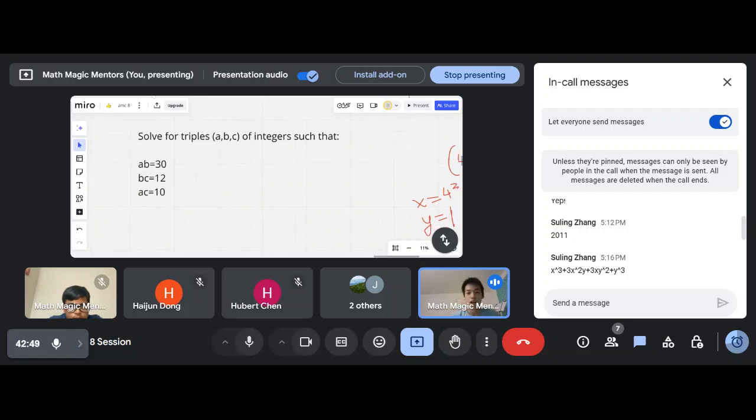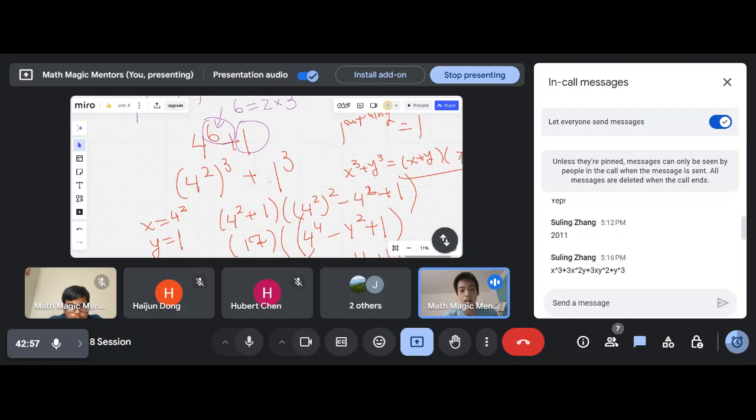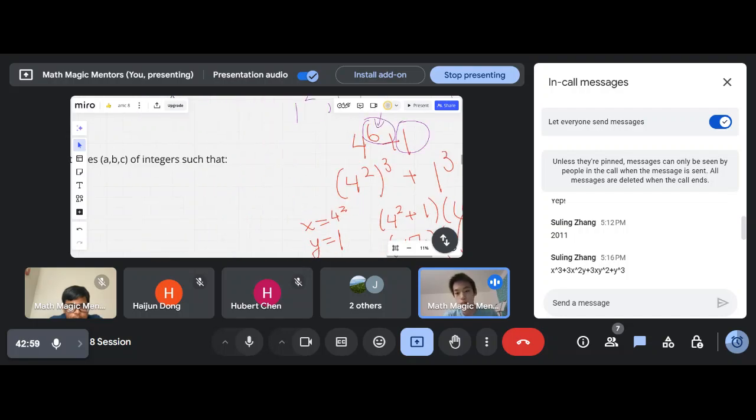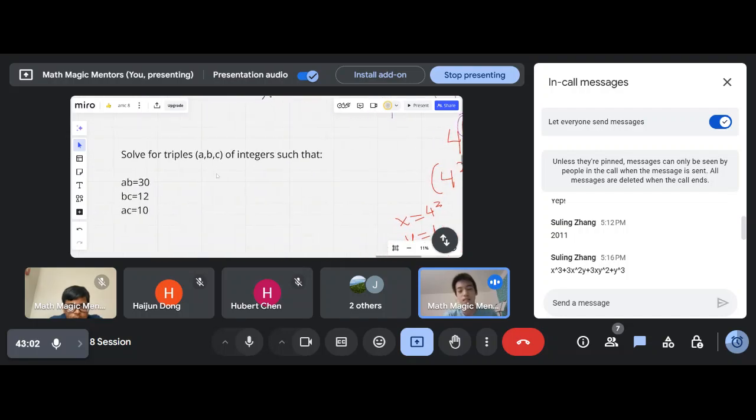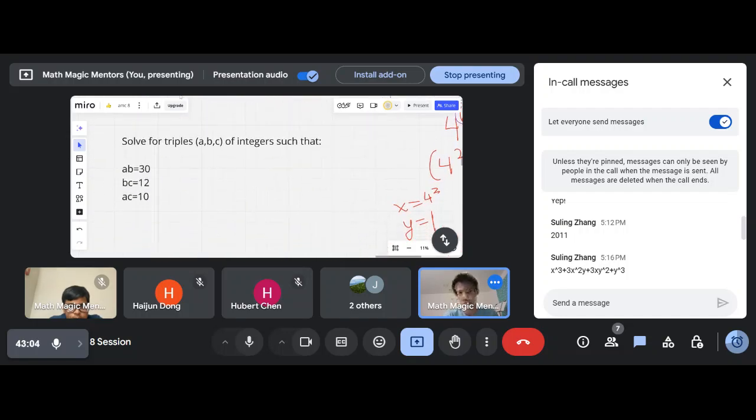Well, for this problem, you have three products of integers. As we covered sum of cubes and difference of cubes, but there doesn't seem to be any cubing or anything like that. So it doesn't seem like sum of cubes or difference of cubes will help us here.